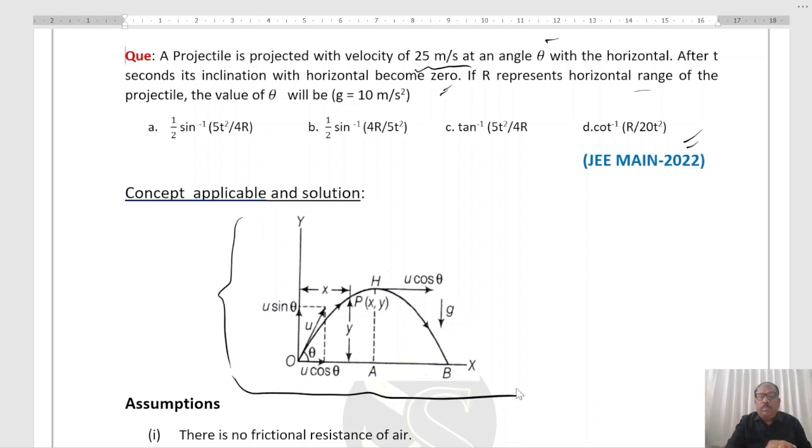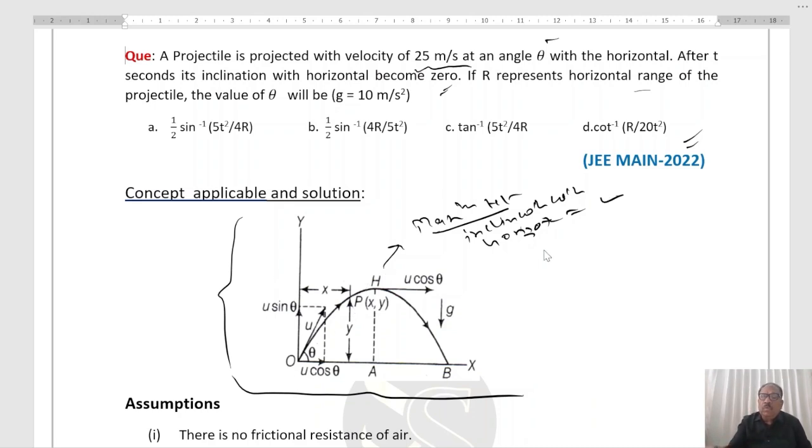This is the basic of projectile. Body is projected from ground, and H is the maximum height. At maximum height, inclination with horizontal equal to 0. Means after t it becomes at maximum height.